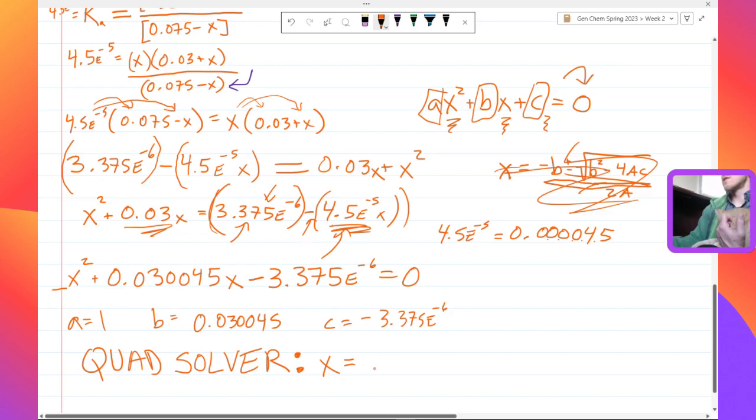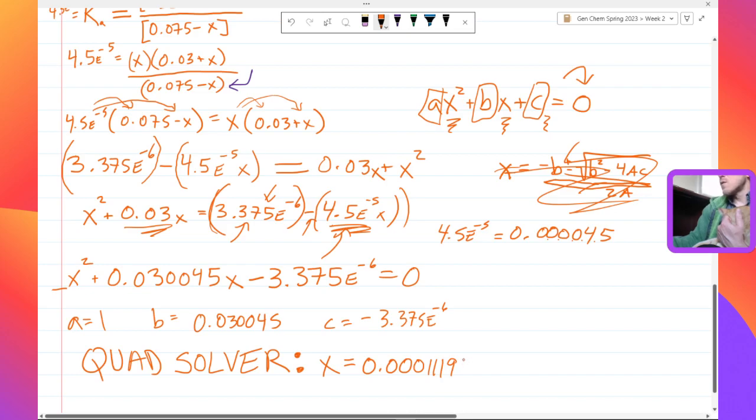Negative concentration does not make sense, so we're not going to use the negative answer. We're going to use the positive answer. If you got 2 negative answers, or an answer that involves an imaginary number, then you put something in your calculator wrong or something into the quadratic equation solver incorrectly. Revisit your work and figure out what you did, would be my advice.